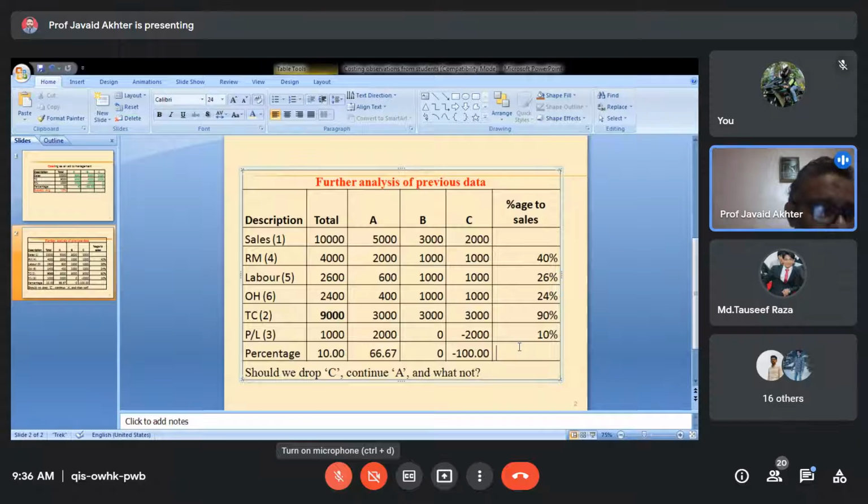instead of saying merely this, a little more could have been said: that it will not drop the product if this product is essential or is supplementary to the core product. Number one. Number two, it will not merely stop there. It will find out the reasons for suffering losses.